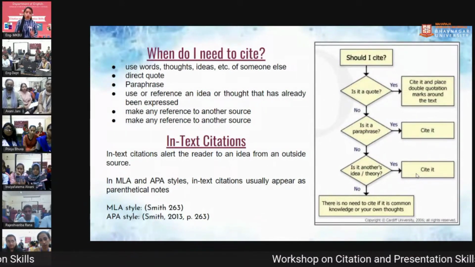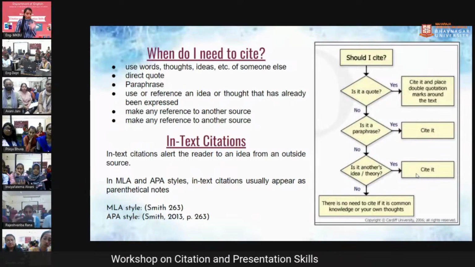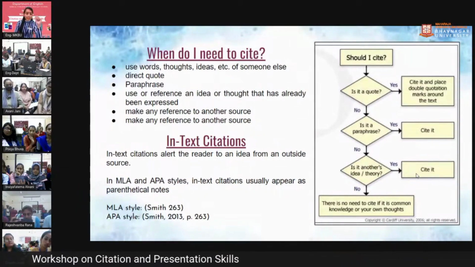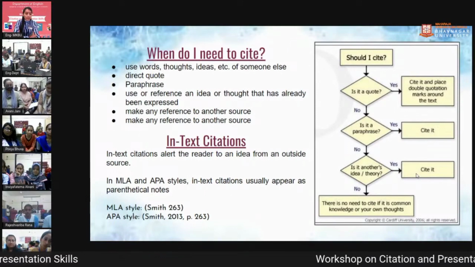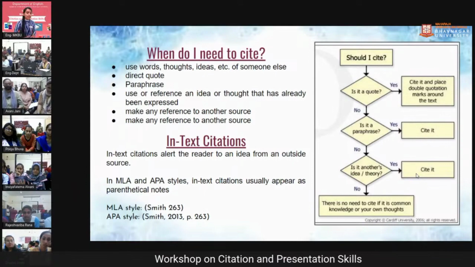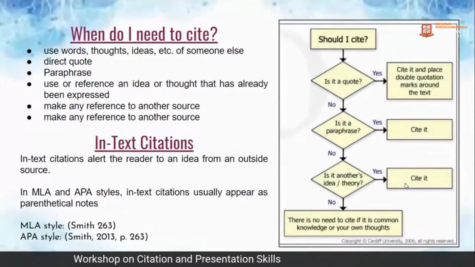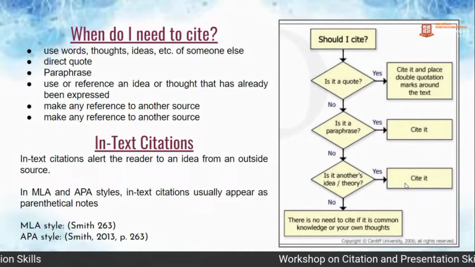In-text citation. What is in-text citation? Whenever we are citing a source, you might see in the presentation, in the last two lines, how the in-text citation is done in APA style and how it is done in MLA style. We are using the MLA style of citation. Further in the presentation I will show you why it is important to have an in-text citation.